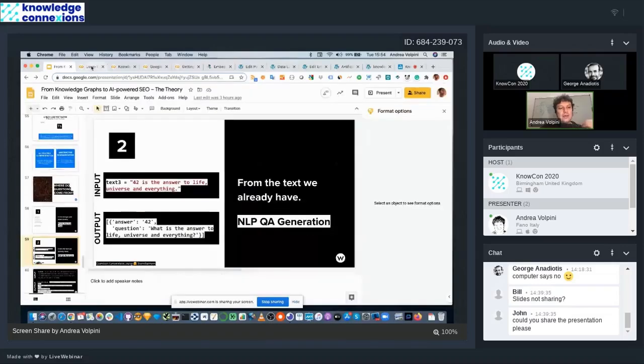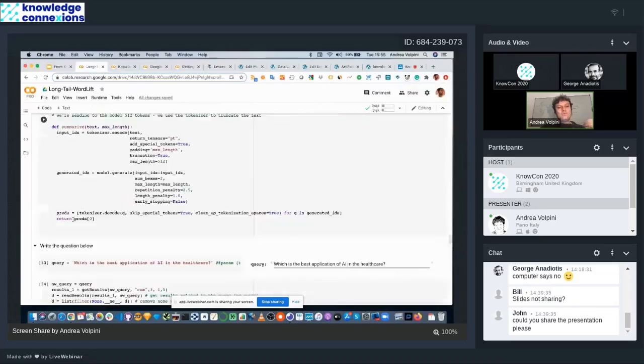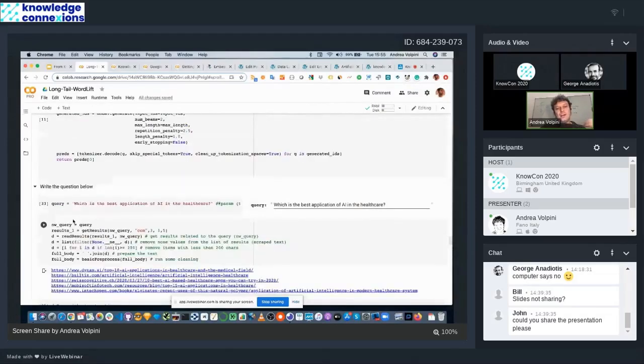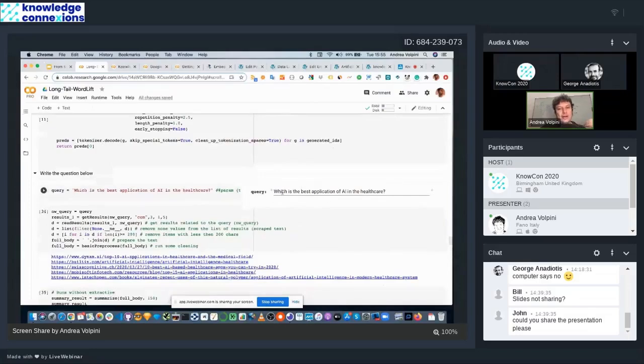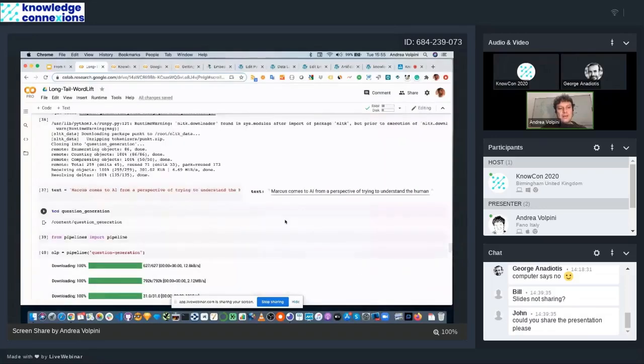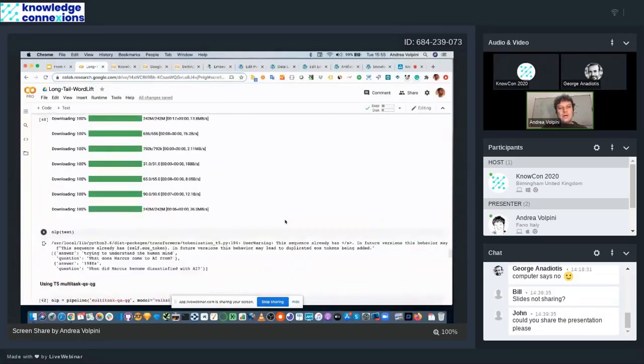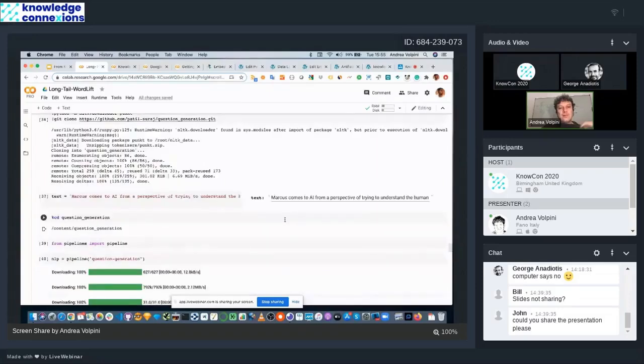And so if we get back to the code, we are generating now the answer from the question that we get from the people also ask, but I'm also generating questions from this text here that is coming from the article that George has written.